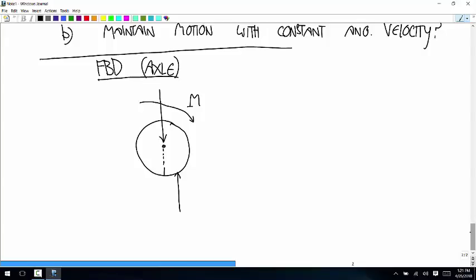What's W? 8,000. We're doing a free body diagram of the whole axle. So this is 8,000 newtons. And so there's an upward force produced by the bearing that's also 8,000.